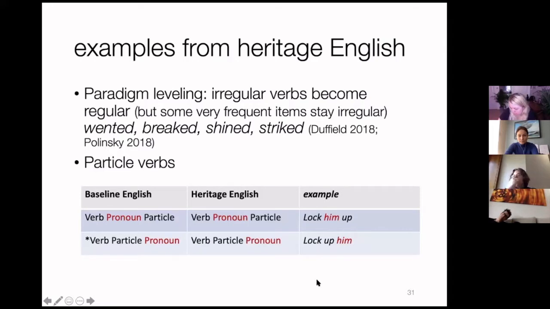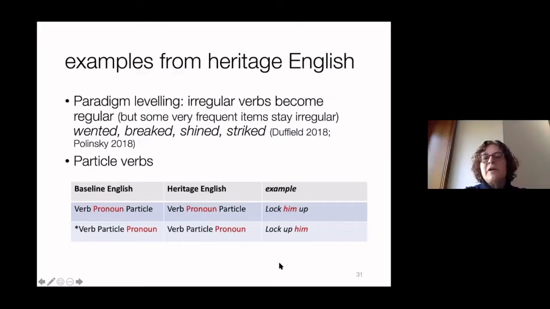So that shows that we're getting some more regularization, but this regularization is not random. It just comes from the fact that particles themselves were reanalyzed as adverbs, and as many heritage languages, Heritage English gets rid of weak pronouns. So the idea was that in Heritage English, you see this expansion of the system.